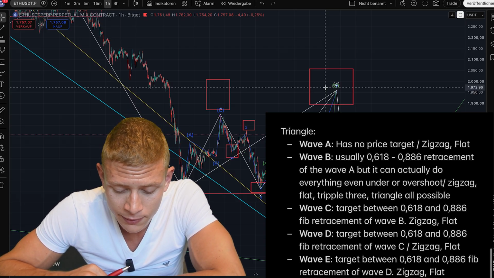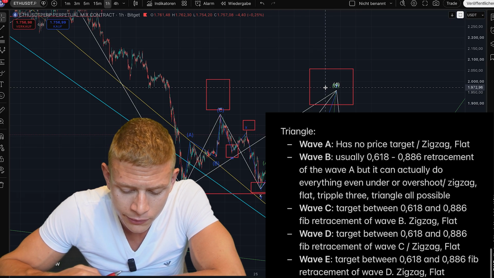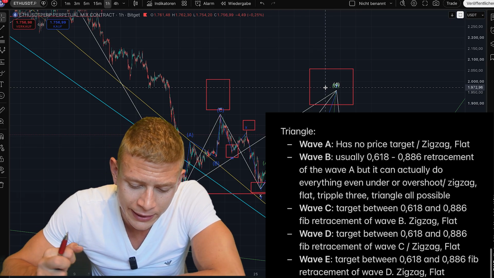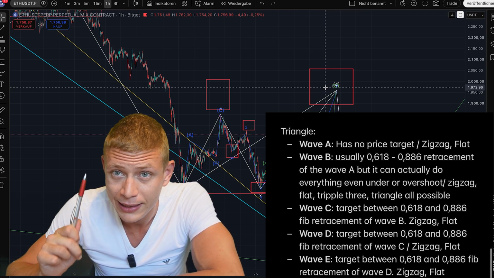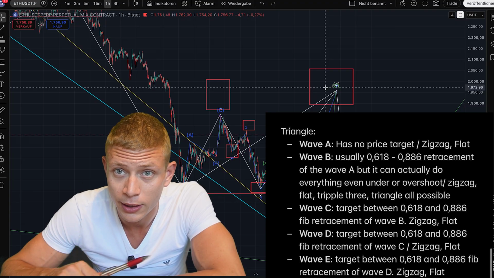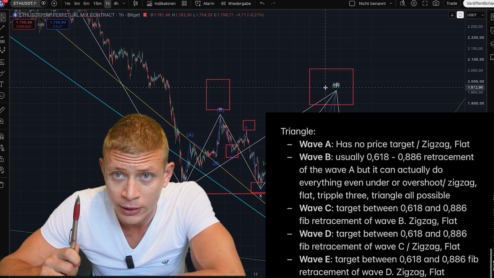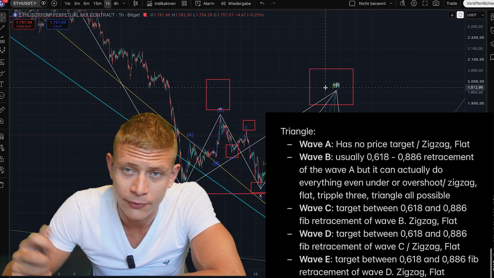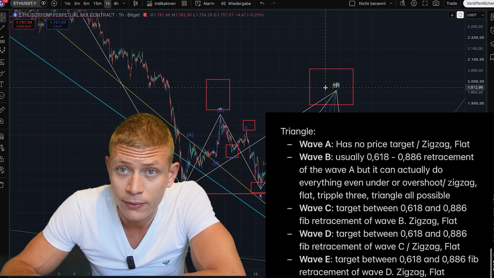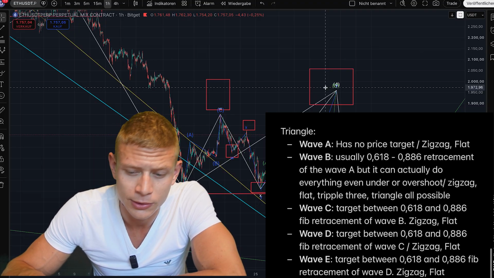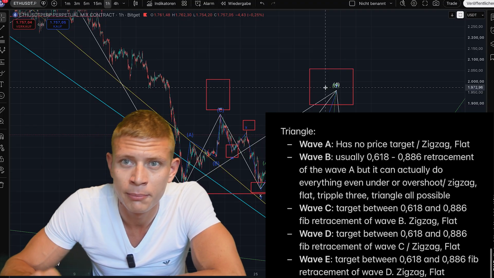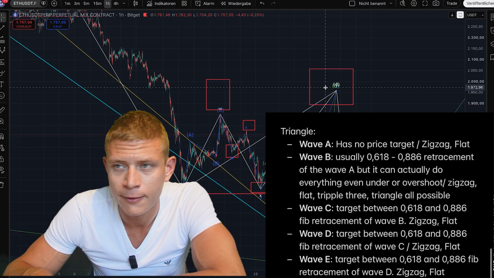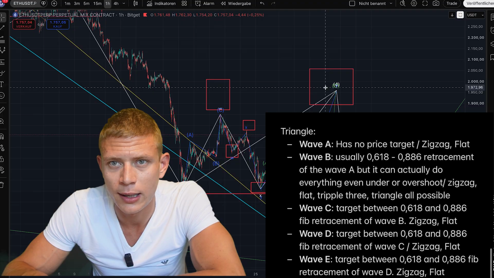Nearly none of the waves, except the last wave, only the E wave, can be a triangle within a triangle. Everything else within a triangle should not be a triangle, but should come correctively in three waves. So flat, triple three, more unlikely. But flat and zigzag are the likely ones.